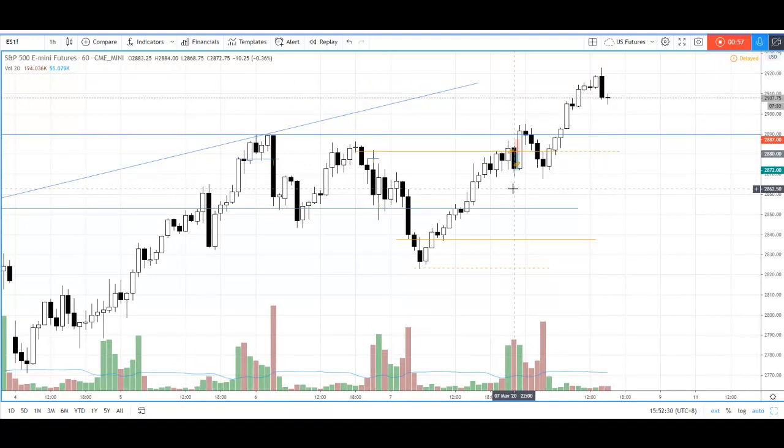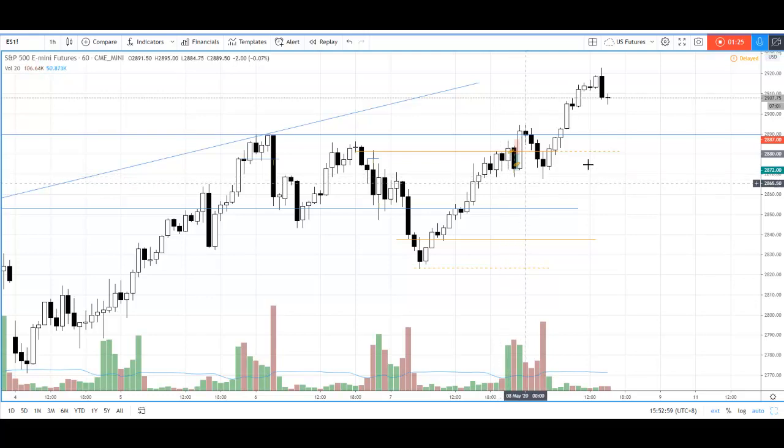In my video yesterday, I talked about potential short entries if we have some kind of rejection around this resistance level from 2880 to 2900. So basically it's this region, and in this H1 chart we can see that at the opening we tested this resistance zone, and we had a reaction back to 2870.